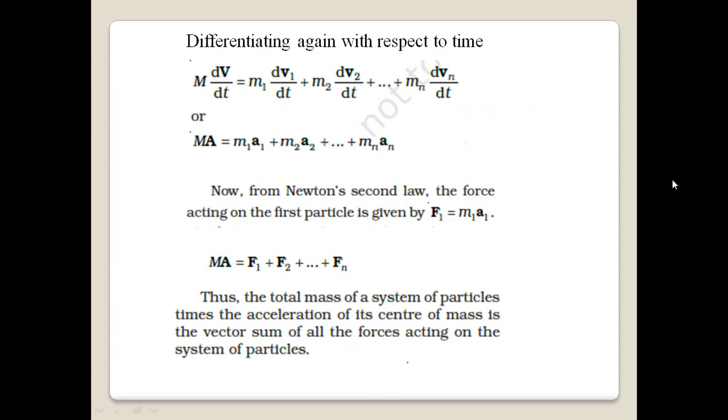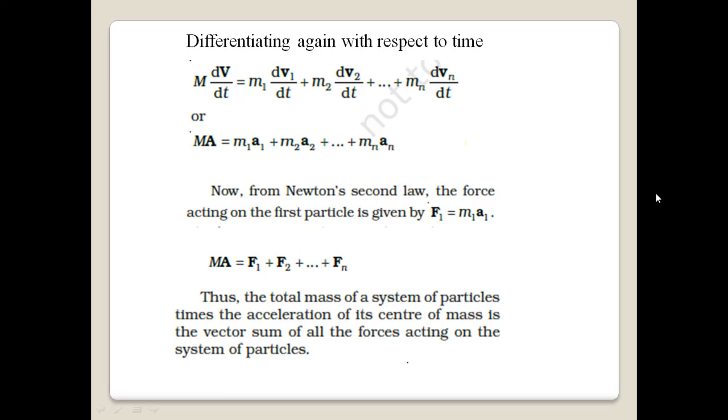Again, if you differentiate with respect to time, keeping mass constant, we have capital M into dV by dt on the left side equal to m1 dv1 by dt plus m2 dv2 by dt plus up to mn dvn by dt. Now dV by dt on the left side will give you the acceleration of the center of mass.